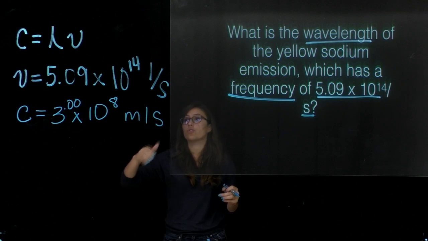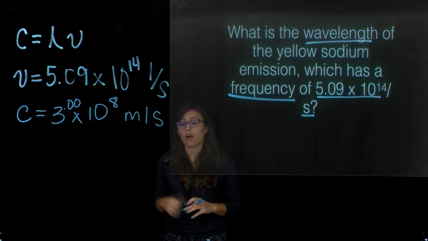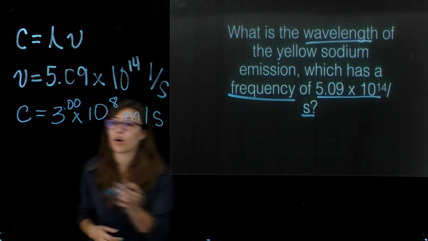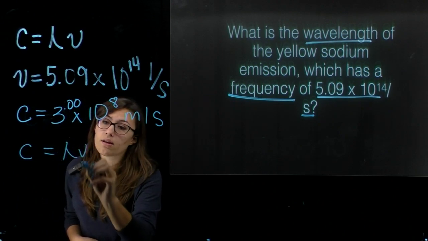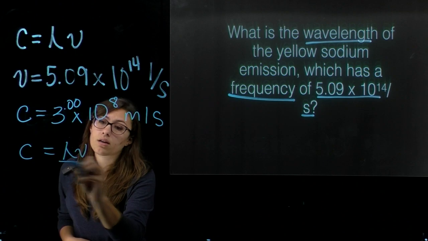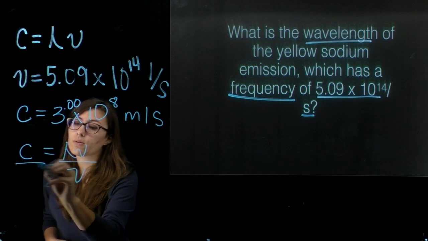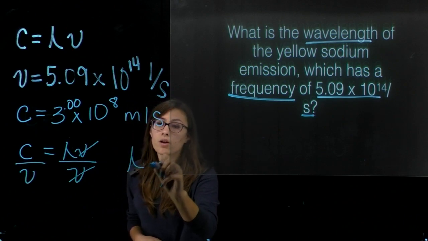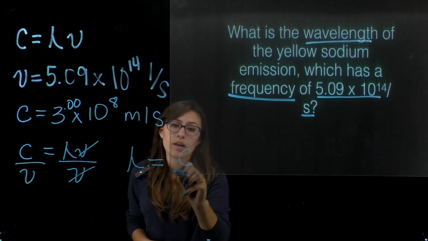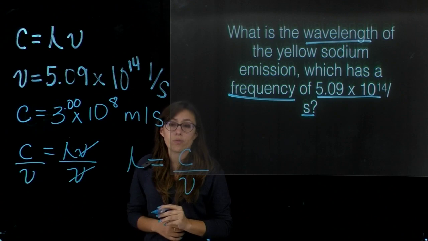Well, we know two of the three variables, so we can solve for the other one. We can then solve for our wavelength by dividing each side by frequency. And we now have the new formula. Wavelength is equal to the speed of light divided by our frequency.